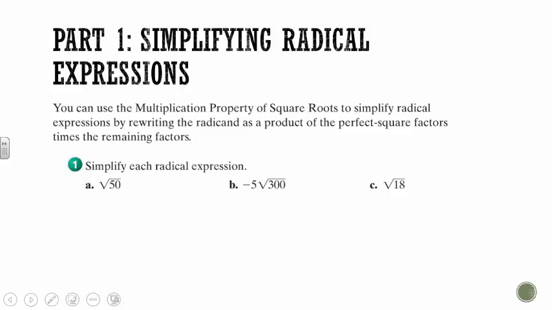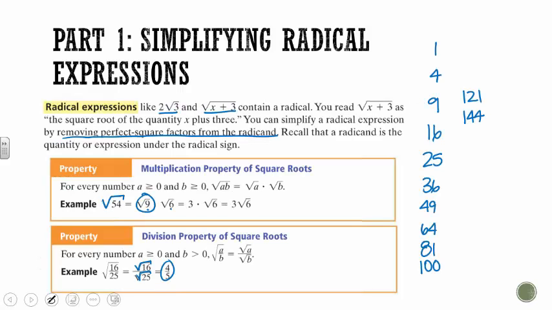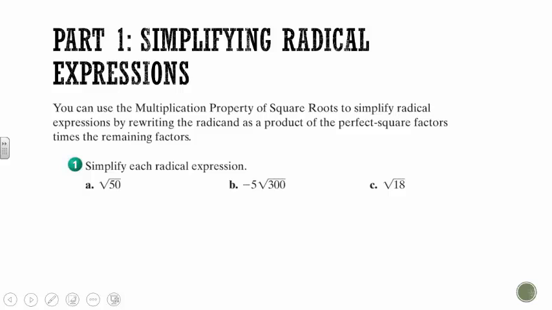So let's use the multiplication property to rewrite these. What you're going to do is ask yourself, what numbers multiply to make 50? And you want one of the numbers to be one of these perfect square numbers here. So chances are 5 and 10 popped into your head, but 5 isn't a perfect square and neither is 10.